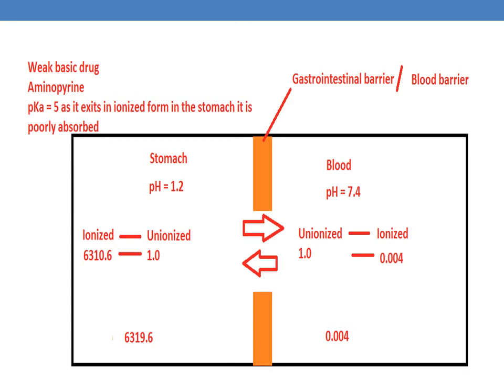You can see here the ionized concentration of aminopyrine is 6319, whereas in the blood it is mostly present in unionized form.